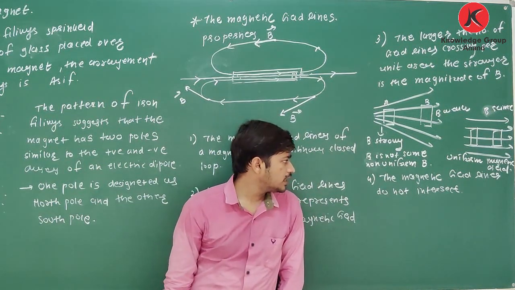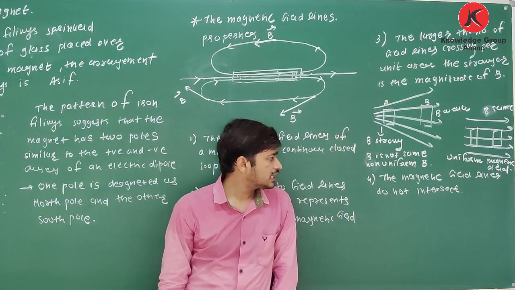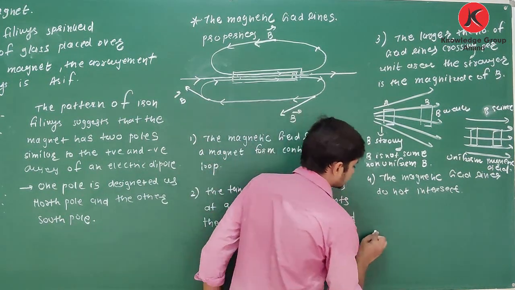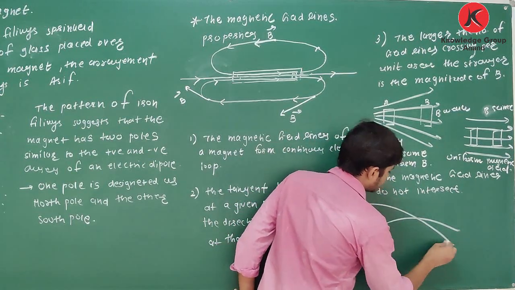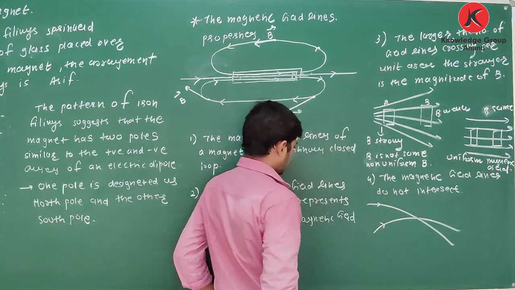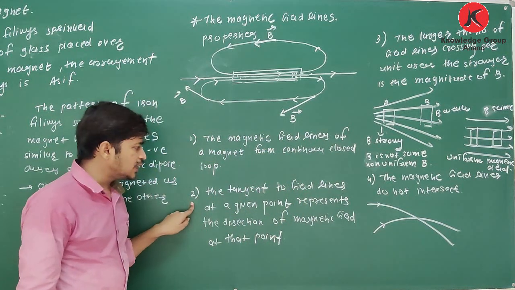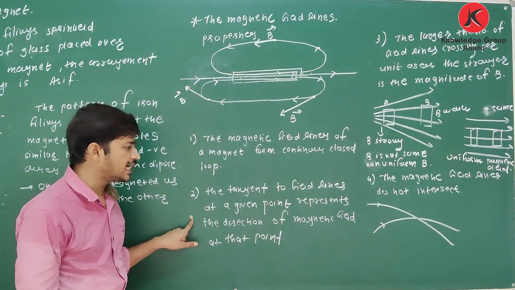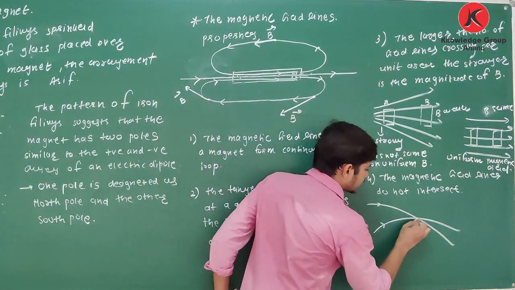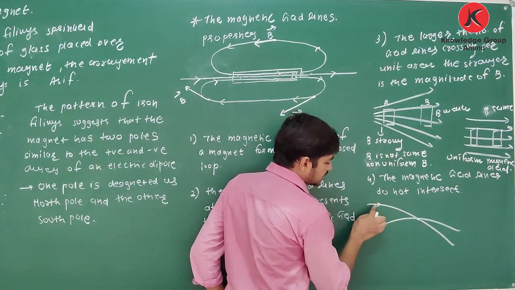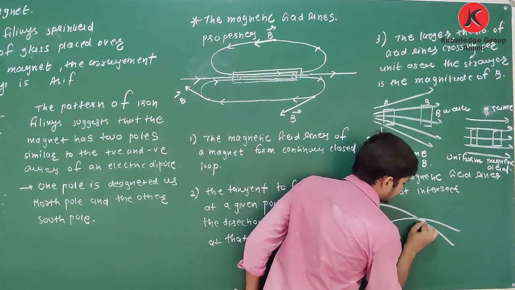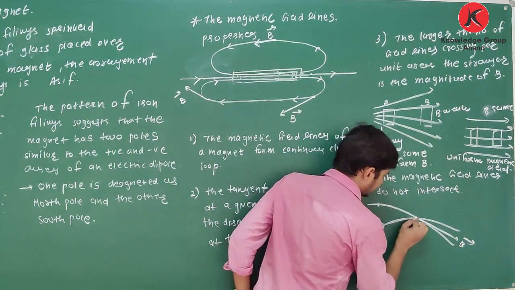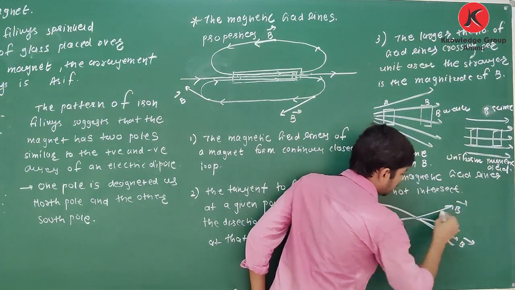Okay, last point: the field lines do not intersect. Suppose they intersect, and I have two field lines. Remember, the tangent to the field line at a given point represents the direction of the magnetic field at that point. If they intersect at point P, due to this field line the tangent is in this direction, and due to the other field line the tangent is in that direction.